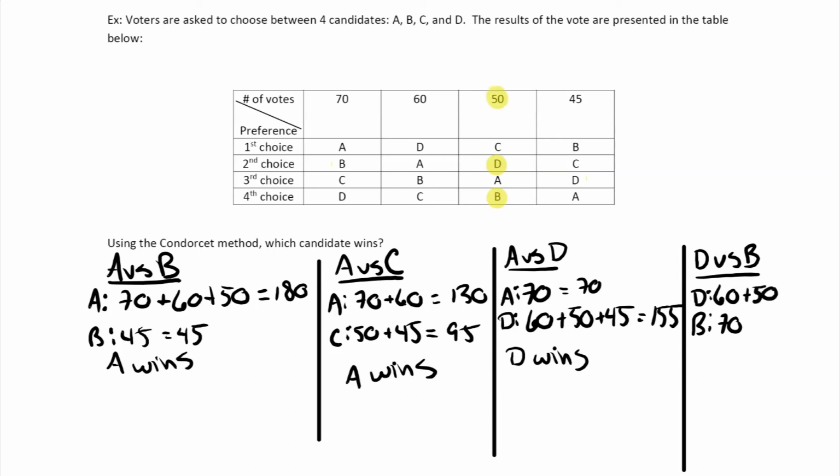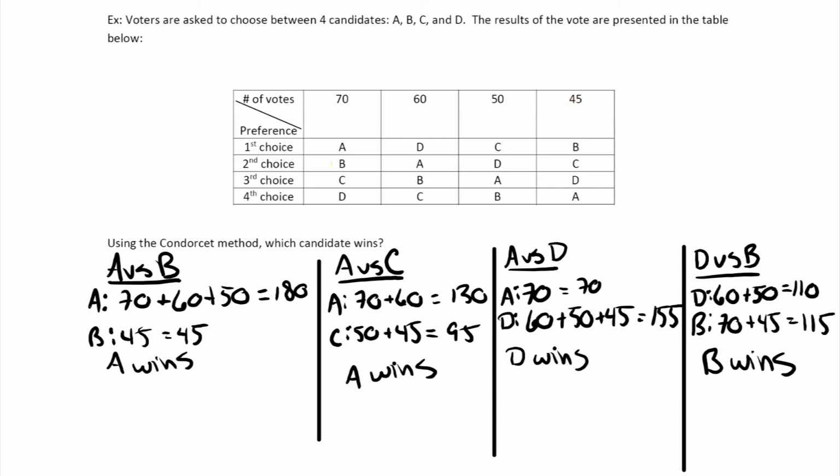Those 50 votes go to D. And finally, the last 45 votes, B is above D, so those 45 votes go to B. So we end up with 110 votes for D and 115 for B. Therefore, in that case, B wins.